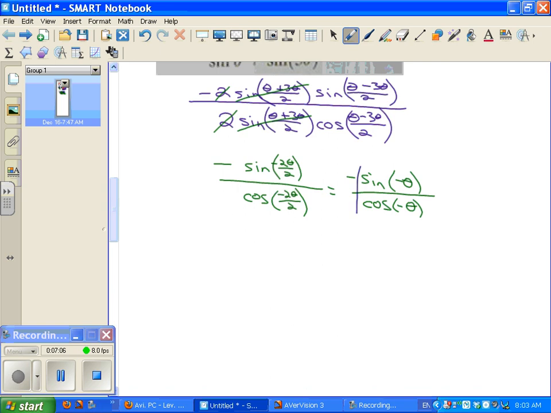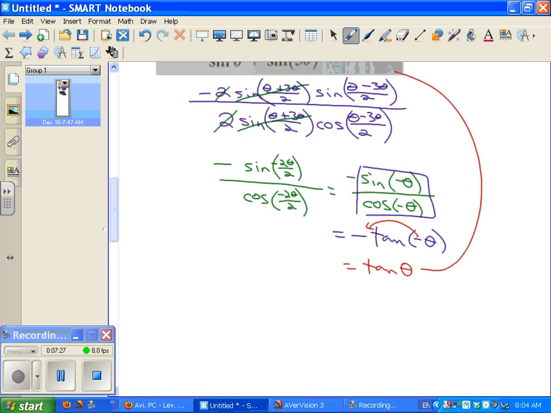What's this? So I have negative tangent of negative theta. And what happens when you take a tangent of a negative theta? Remember? The negative comes out front. So then I'm going to get positive tangent of positive theta. And that's what I wanted.